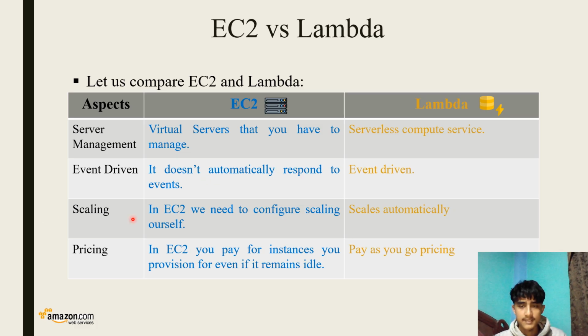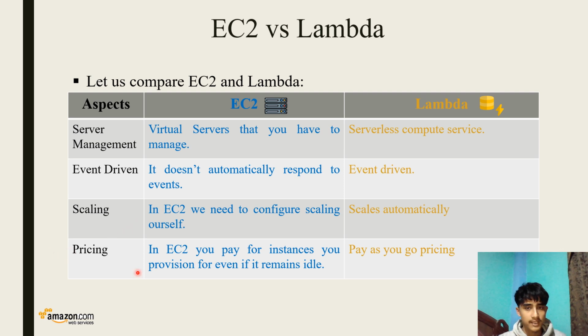Third one is scaling. Lambda scales automatically, meaning if 100 events occur at a time, it will create 100 instances of your function and run them in parallel. But in EC2, you need to configure scaling all by yourself using different scaling tools.